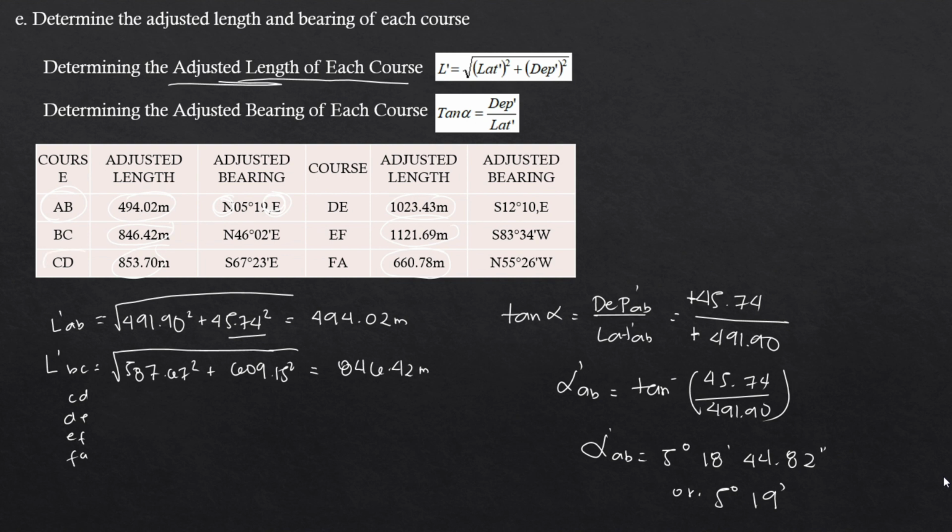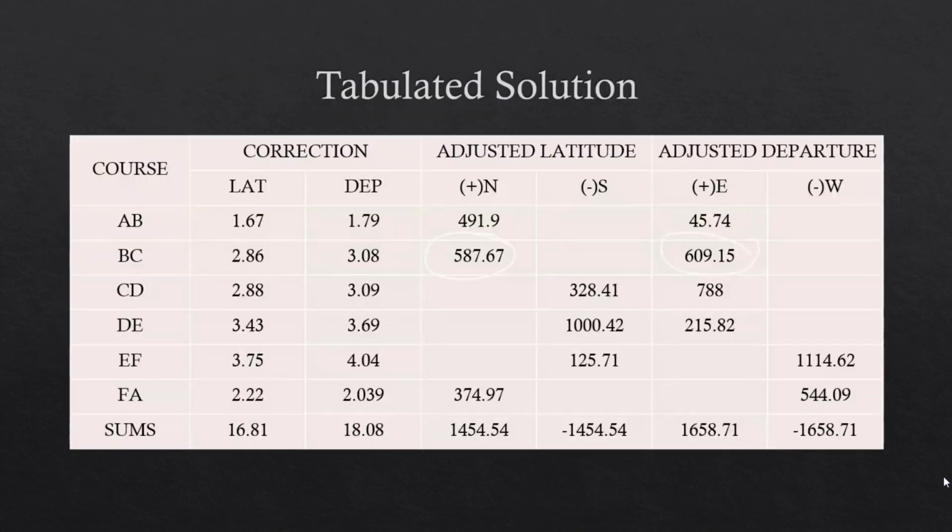So, CD. So, tangent theta is equal to adjusted departure ng CD over adjusted latitude ng CD. So, ilan? Check natin. Okay, CD. Ito. Meron tayong south, negative 328.41. Then, positive is 788.